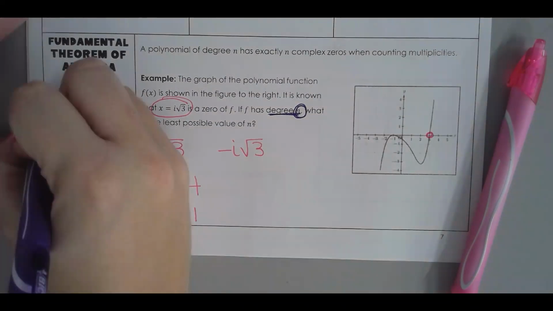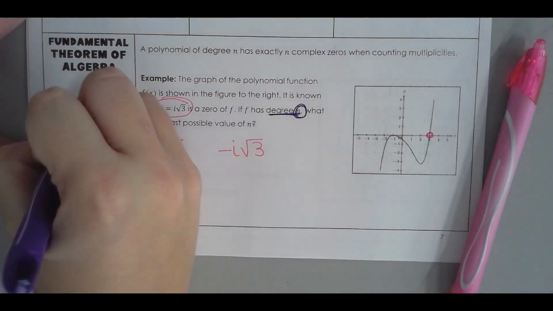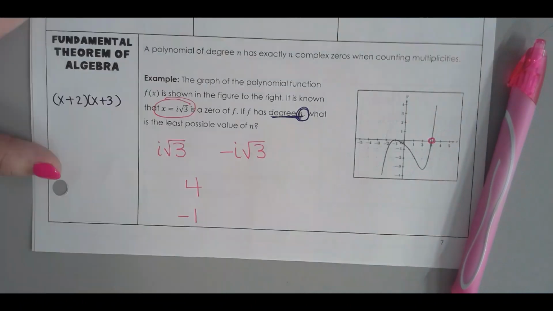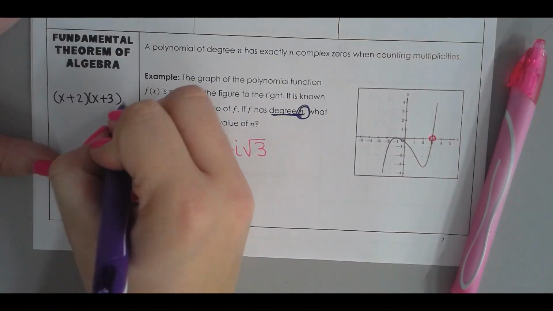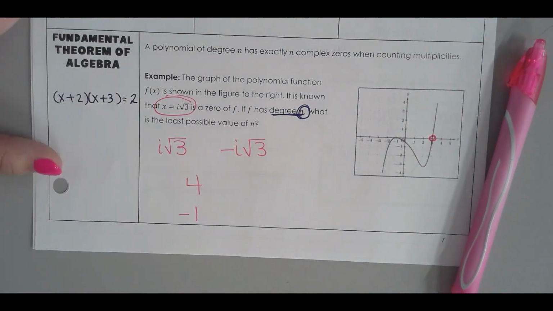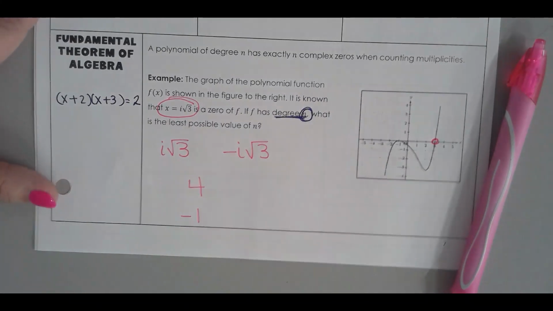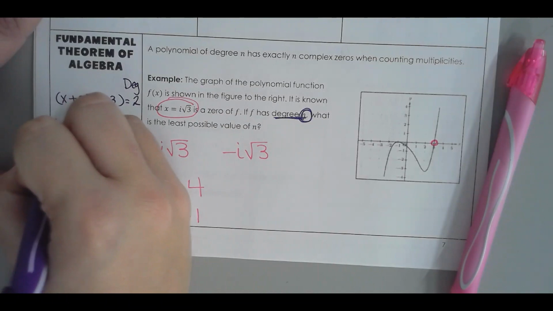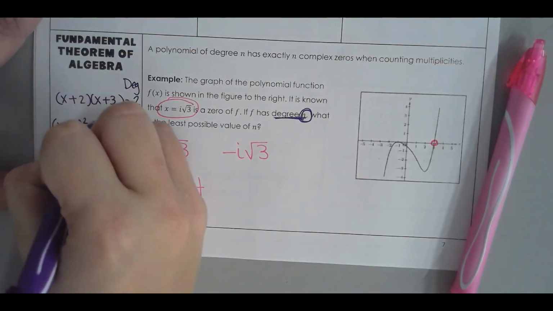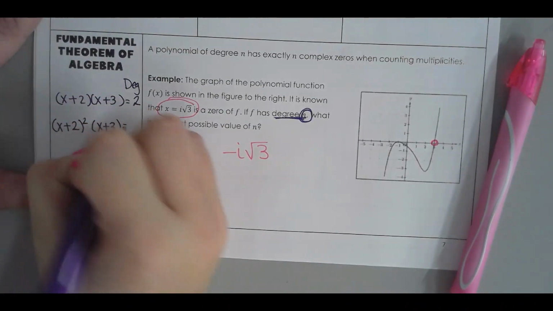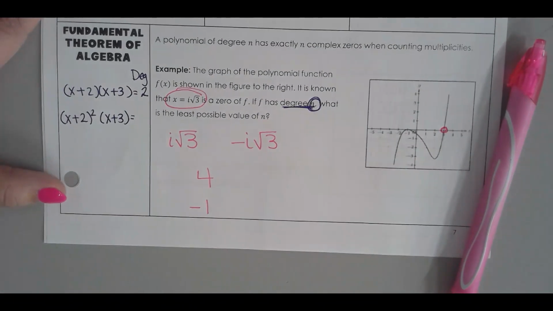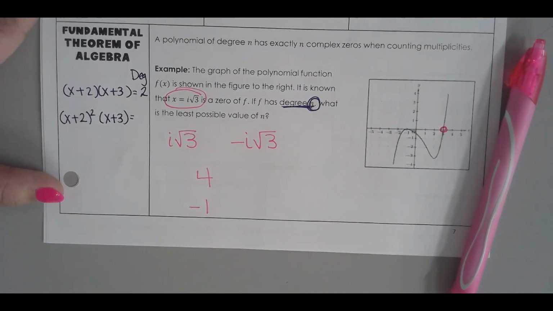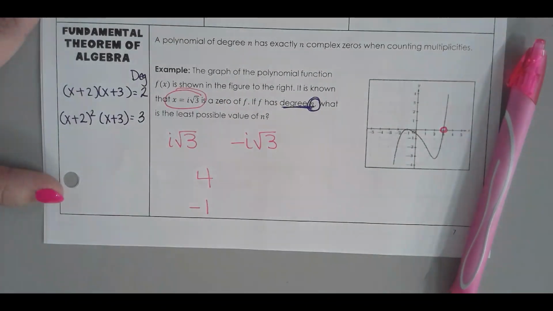If I have this polynomial, that one has a degree of 2. That one has a degree of 3.